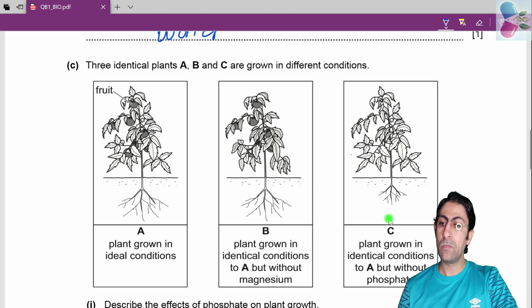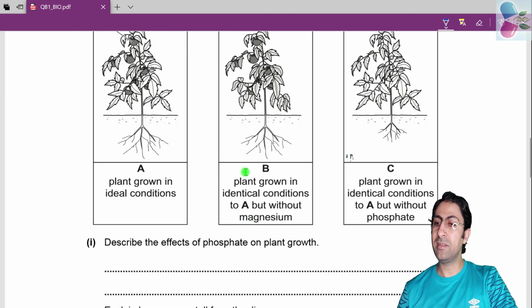For plant C, it is grown in identical conditions to A, but without phosphate. Here we can see that in plant C, the root is not the same as in plants A and B, and in plant B, the leaves are not normal like plant A.